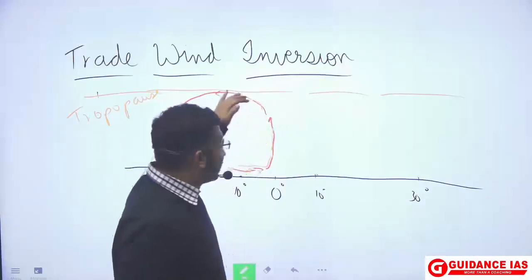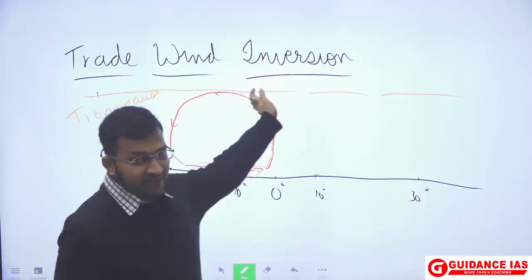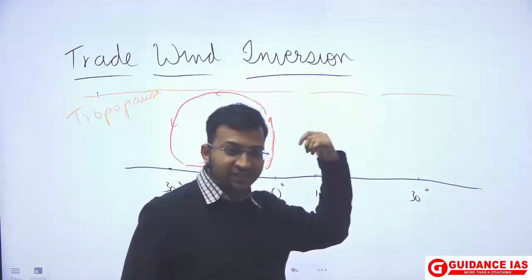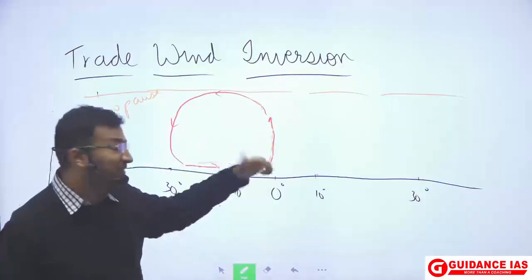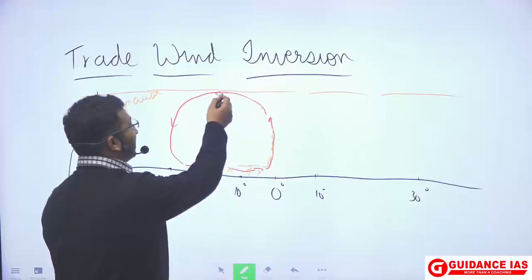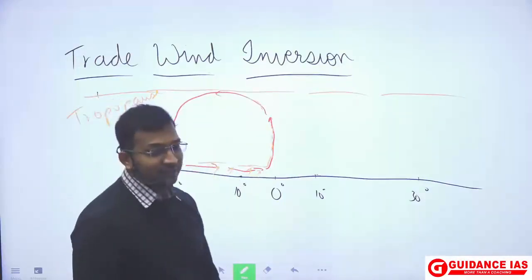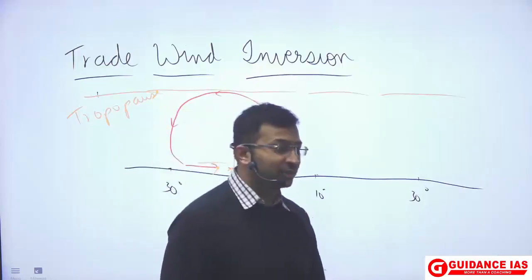As it becomes dense and heavy, it starts moving. We will study these wind patterns in detail later on. But just for the time being, understand it moves just below the tropopause and it subsides over the 30-degree latitude.